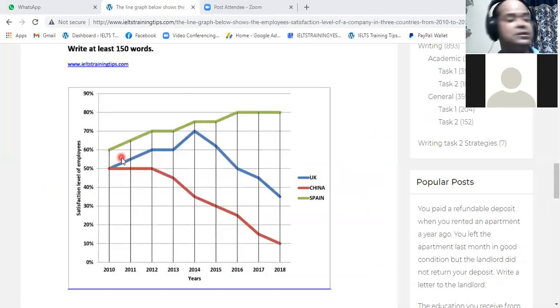It didn't go down at any point. You can see that Spain remained at the top from 2010 to 2018, so we don't have any problem with Spain there. Spain has a clear-cut domination over the other two countries here.